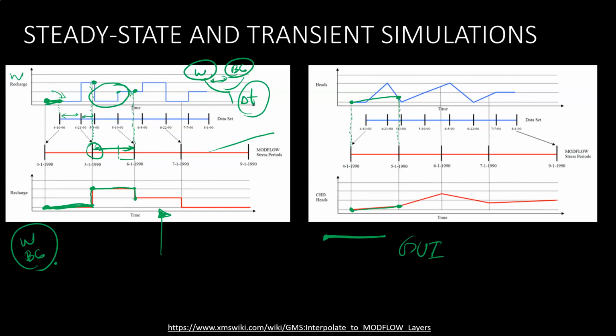For example, suppose that this is my boundary condition, and it fluctuates like this. Then I had to go and play with these and come up with a proper delta t. You know that my delta t's are here. So it means that for each delta t, the model goes and changes the boundary condition information.